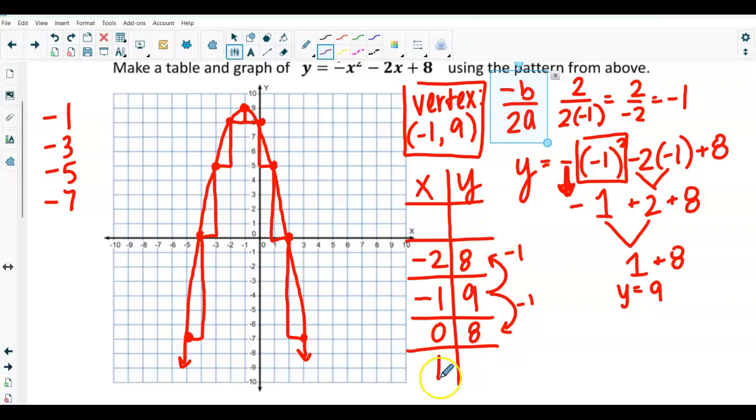Okay, so we go to the next one. Now we went down 3. We went the next odd. So 8 minus 3 would get us to 5. So we would mirror our 5 here, and we could expand our table even more. But we could see those values actually reflected in our parabola there.